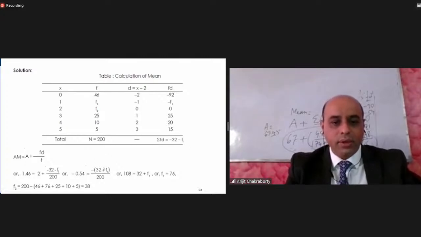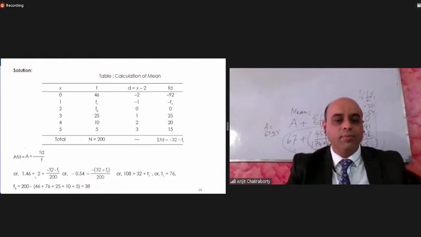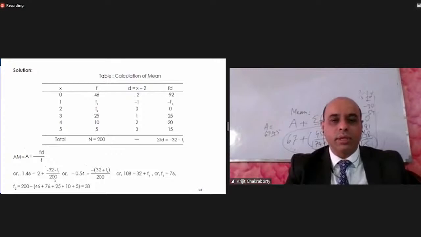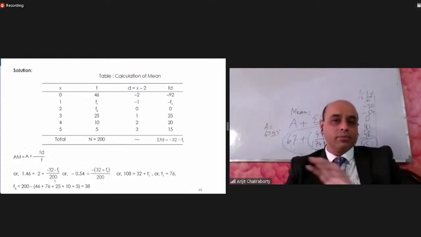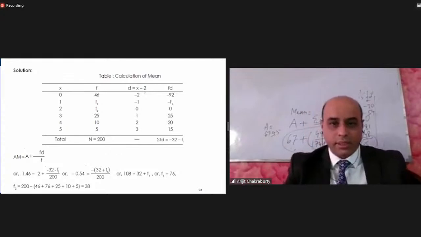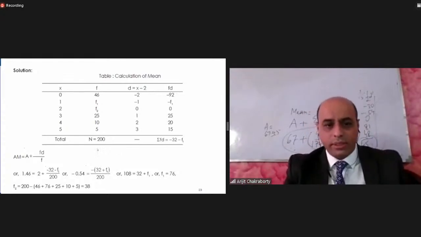Once you have the sigma FD, we just put that in the formula. 1.46 is already given as the average. This is equal to 2, which is the assumed mean, plus minus 32 minus F1 by 200. Please note here, we are not multiplying by the class interval. Why? Because when we were calculating the deviation D, we did not divide by the class interval. So no need to multiply in this case.